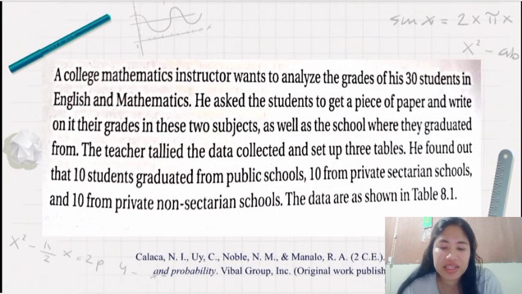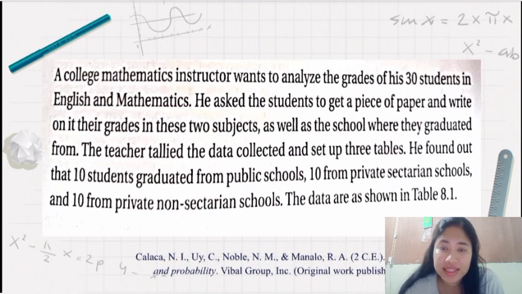Now, I have here an example. A college mathematics instructor wants to analyze the grades of his 30 students in English and mathematics. He asked the students to get a piece of paper and write on it their grades in these two subjects, as well as the school where they graduated from.